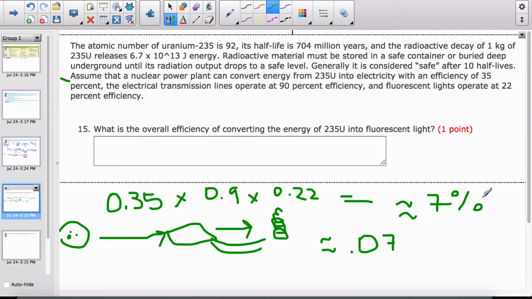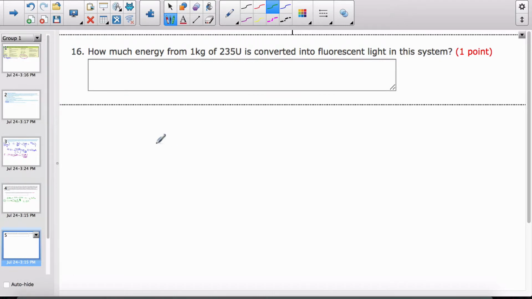How much energy from 1 kilogram is converted into the fluorescent light? Okay, that's kind of easy because you just calculated the efficiency of going from the decay to the light. It's 0.07. And you know that you have 1 kilogram of this that is going to be converted into fluorescent light. So let's convert the kilogram into energy first.